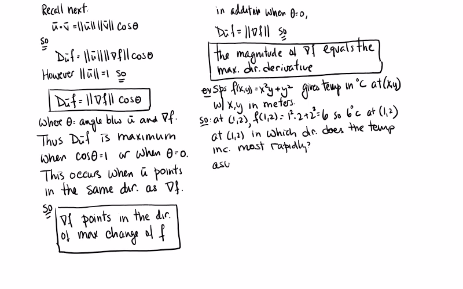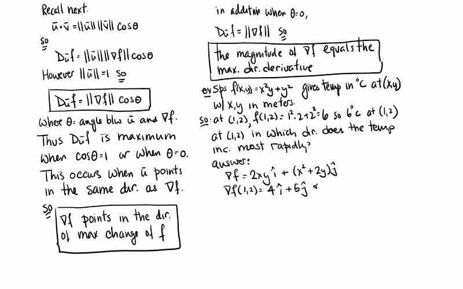So the answer is the gradient. So we take the gradient. The gradient of f, in general, is 2xy i, that's the derivative with respect to x, plus the derivative with respect to y, x squared plus 2y, j. The gradient of f at 1, 2: 2 times 1 times 2 is 4i, plus x squared plus 2y is 5j.